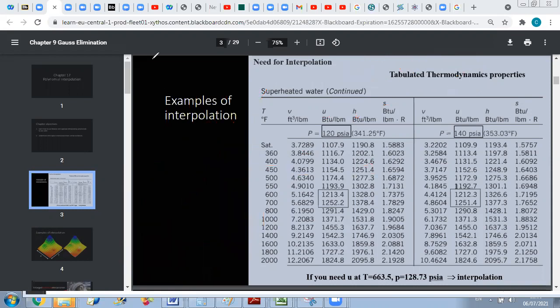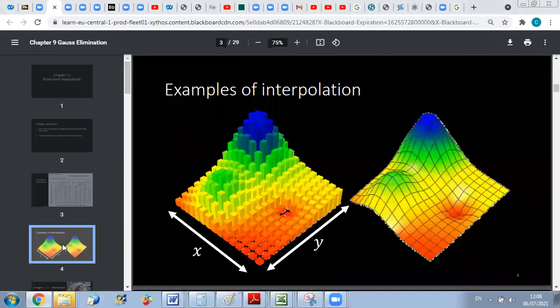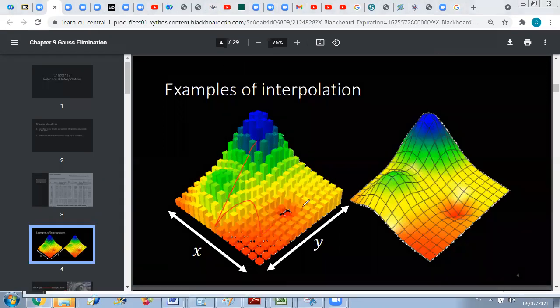Another important application of interpolation is, for example, calculation of a volume. So let's say we want to know reserves in oil. We know that we have oil in this part of, let's say, under the earth. And we want to determine what is the corresponding volume of oil that we can extract.